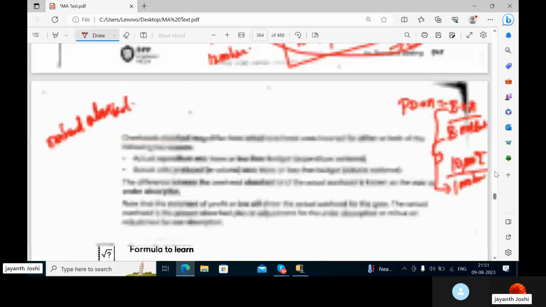Now we will take up the last topic of this, that is the budgets, flex budgets. See, fixed budget and flexible budget. Fixed budget is nothing but you are keeping the things fixed. Whatever you're planning should happen in some amount of, let's say, 100,000. That means the total cost should come to 100,000.